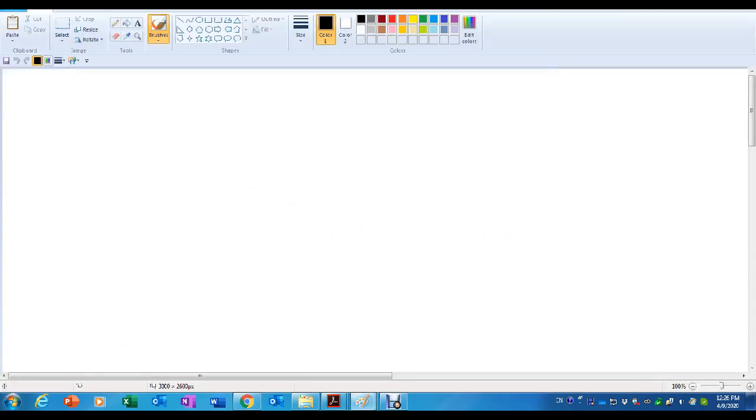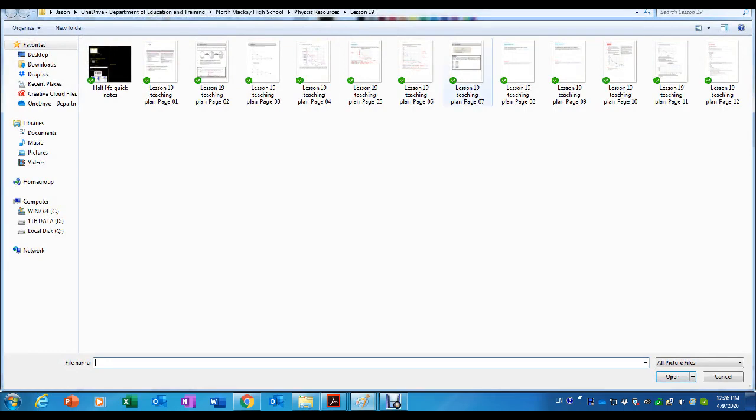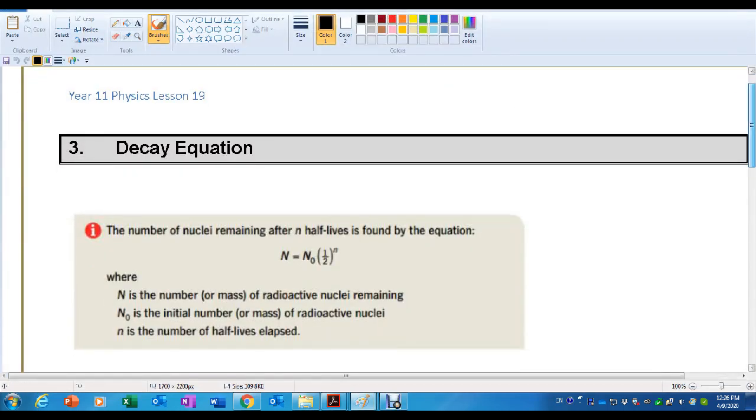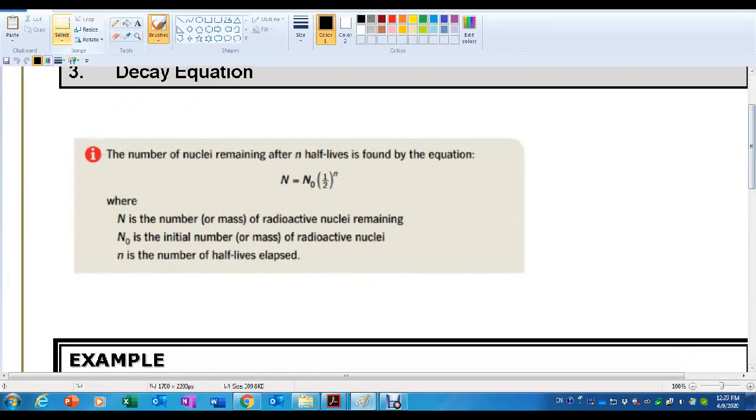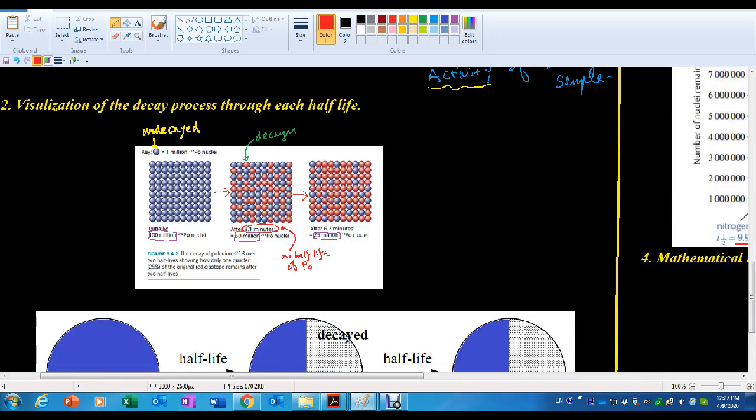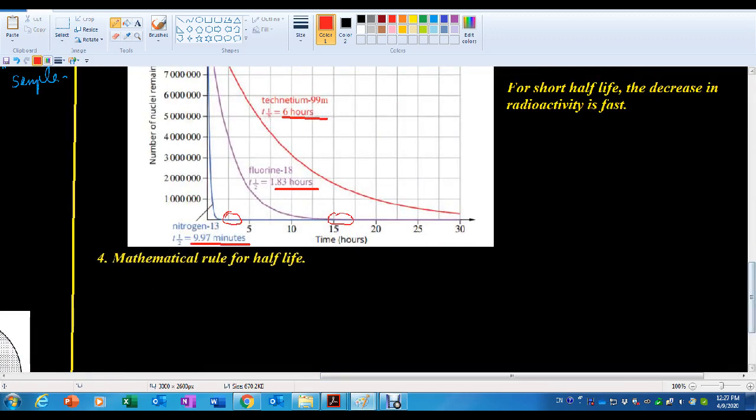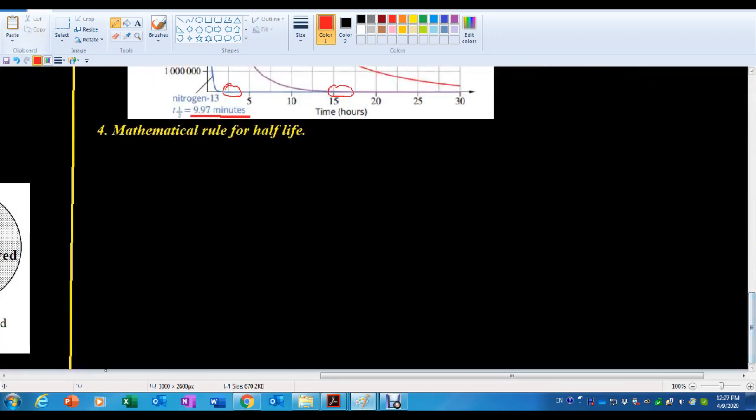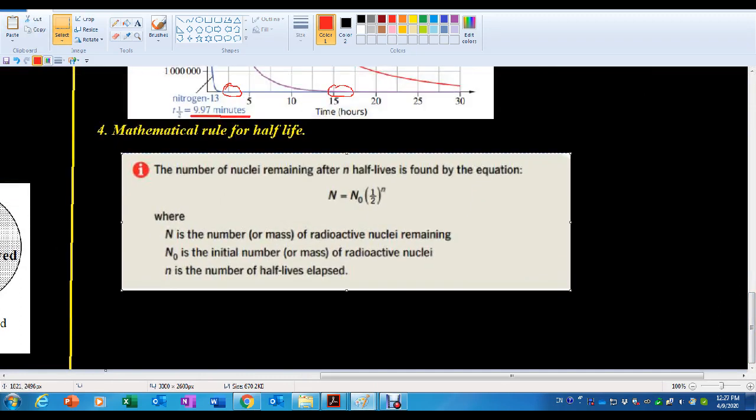We're going to use a mathematical formula. Here's the mathematical formula. Let's copy it. That's the mathematical rule for the half-life. For this one, N is the number of radioactive nuclide remaining, and N naught is the initial number.